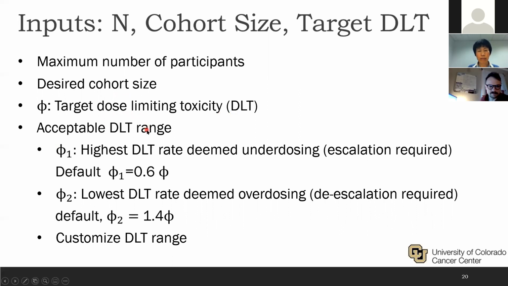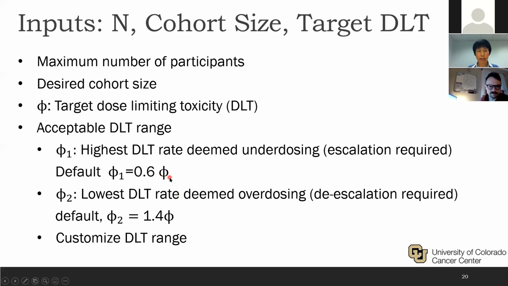In addition, we need to specify the acceptable DLT range, which is defined by phi1 and phi2. Phi1 is the highest DLT rate deemed underdosing, so this will be used for escalation.